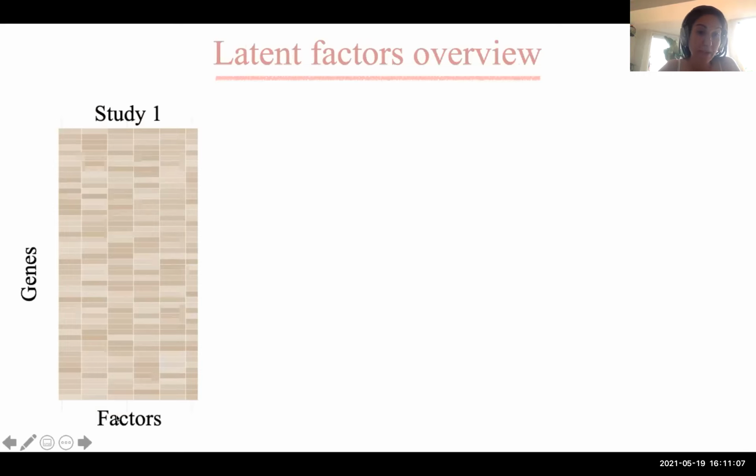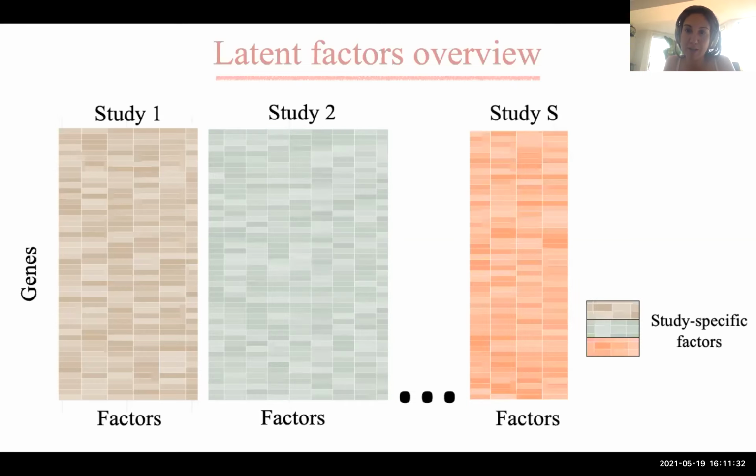In this heat map, you can see the factors, you can see the genes, and so each rectangle here will measure the influence that each factor will have on the gene. So in this way, for example, in study 1, by performing factor analysis, you can find genes that are, for example, highly expressed. So you can find clusters of genes for factor 1 that are highly expressed or underexpressed.